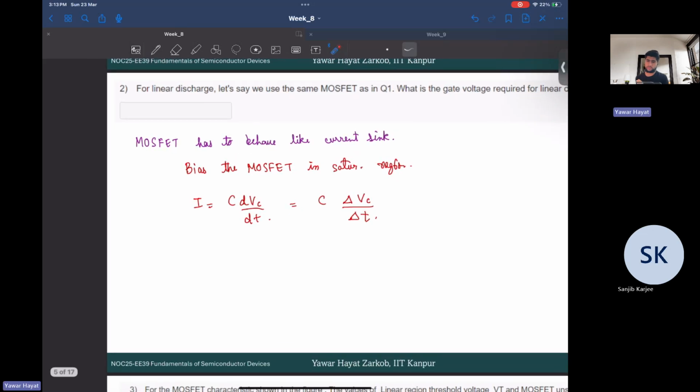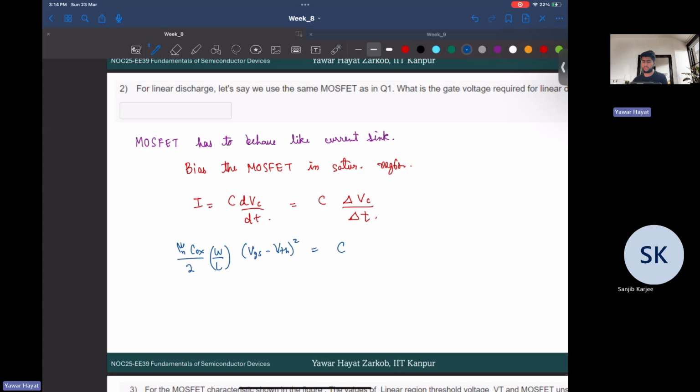So now, what is the current in saturation region? That is here, mu n Cox by 2 W by L, then we have VGS minus VTH whole square.